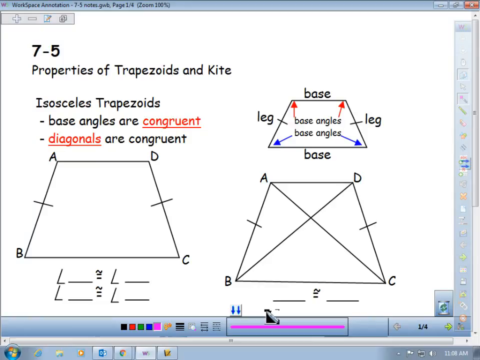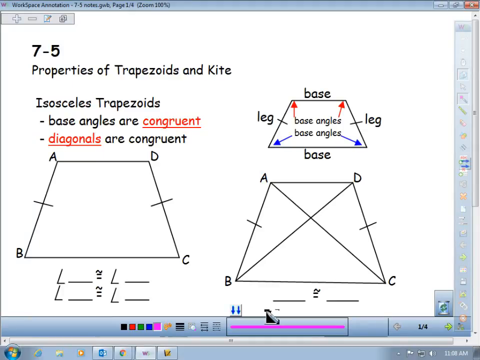Now, I'm not going to talk a whole lot, guys, about trapezoids. What I am going to talk a little bit about is an isosceles trapezoid, and we'll do a problem for an isosceles trapezoid here that will also be the same as a trapezoid.